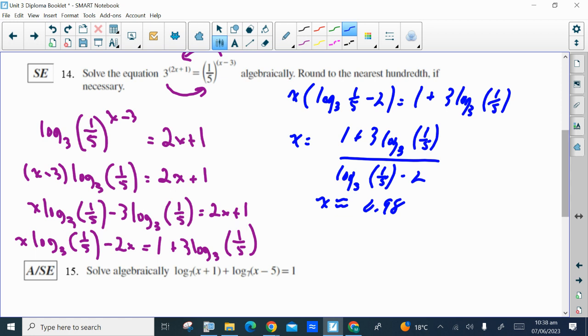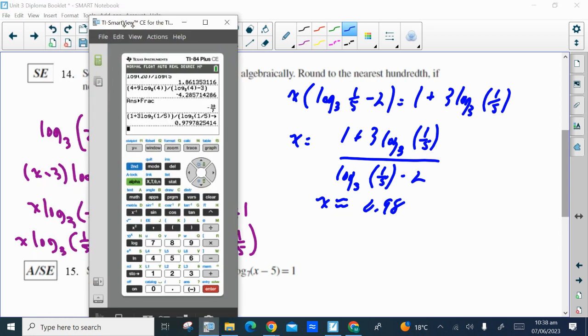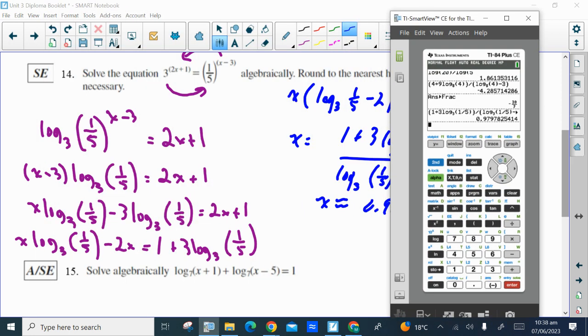Which you could confirm on the calculator by graphing. The left side is 3 to the power 2x plus 1. The right side is base of 1/5 to the power x minus 3.